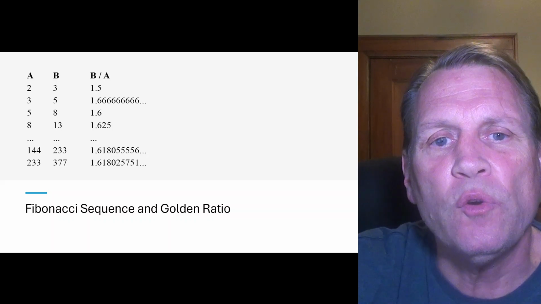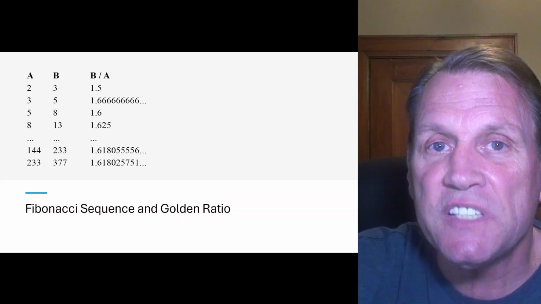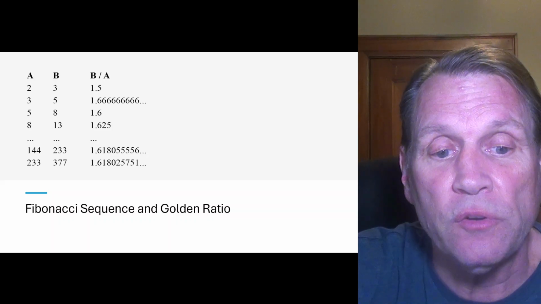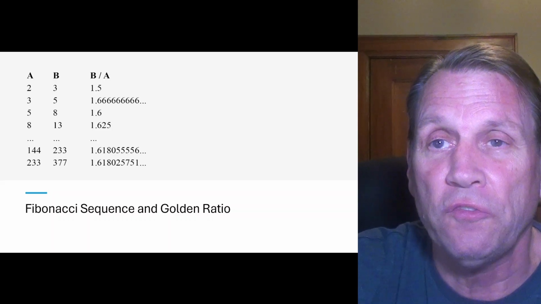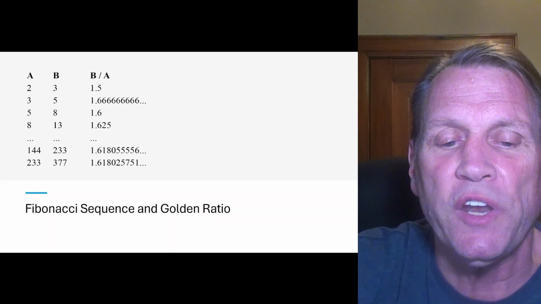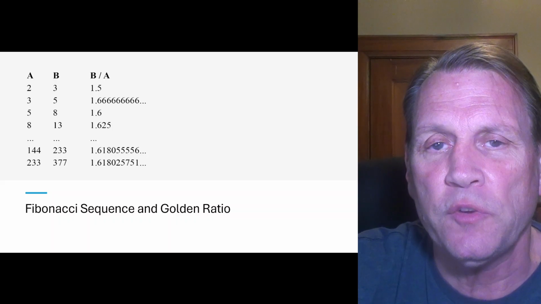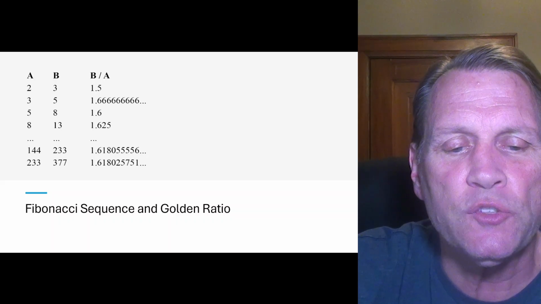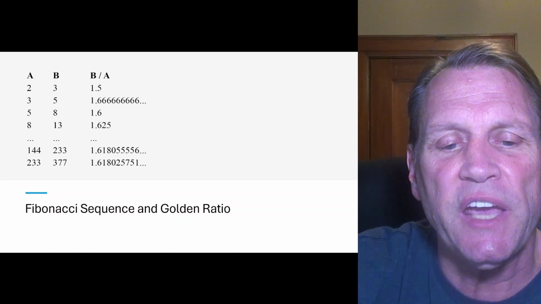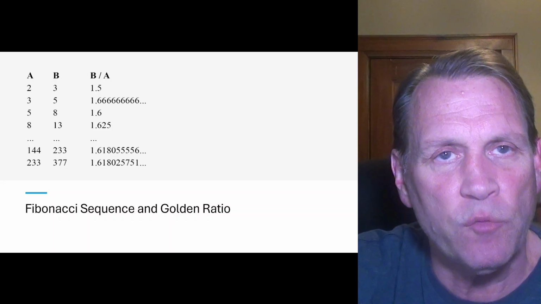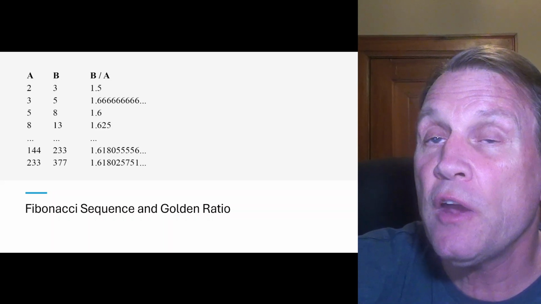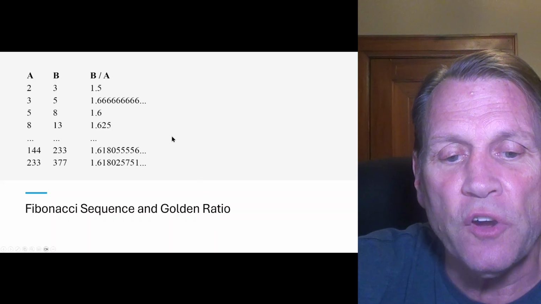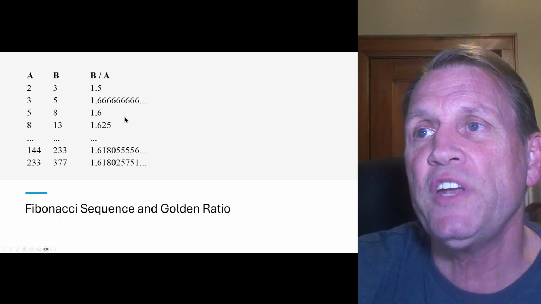The ratio of any 2 successive Fibonacci numbers approximates the golden ratio, also called phi, of 1.618. Technically, being an irrational number, it's 1.61803398887, etc., non-repeating. And the bigger the pair of Fibonacci numbers that you're comparing, the closer and closer we approximate the golden ratio.